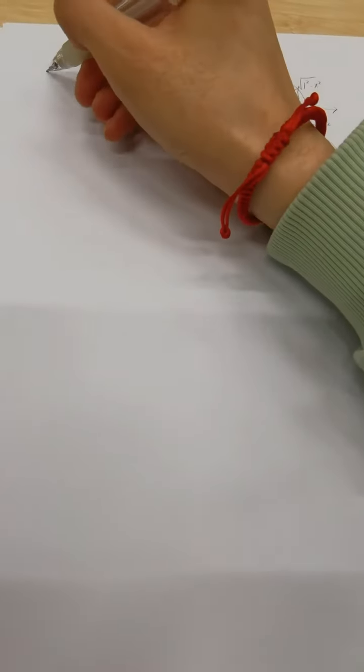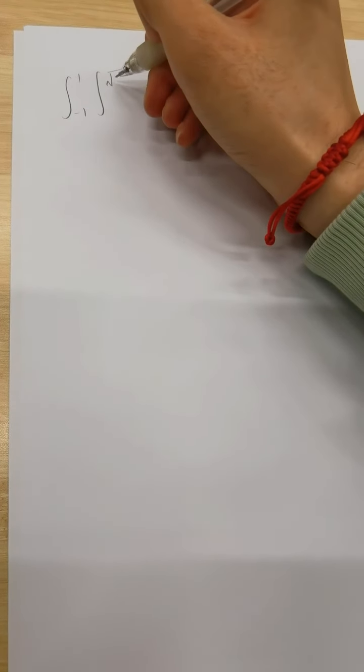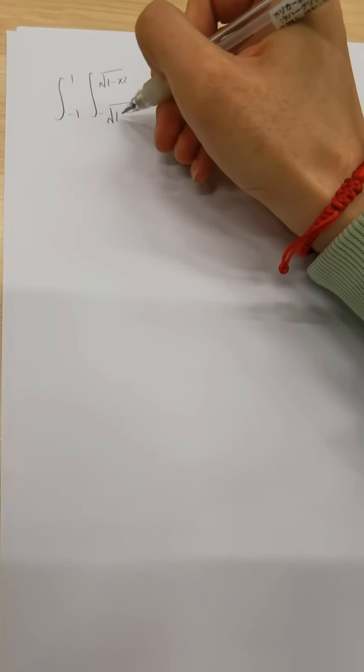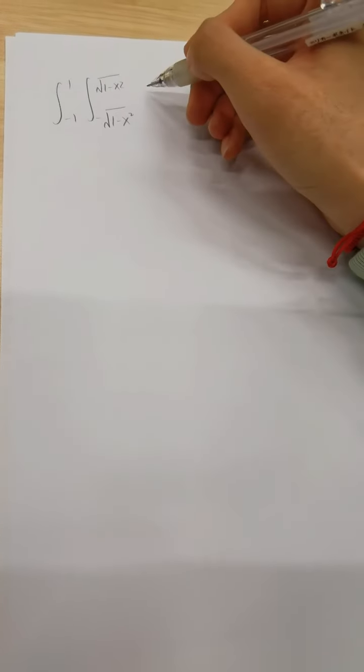We can use this to calculate b, because we already know the ranges of x and y: x from negative 1 to 1, and y from negative square root of 1 minus x squared to square root of 1 minus x squared, of b times dy dx.